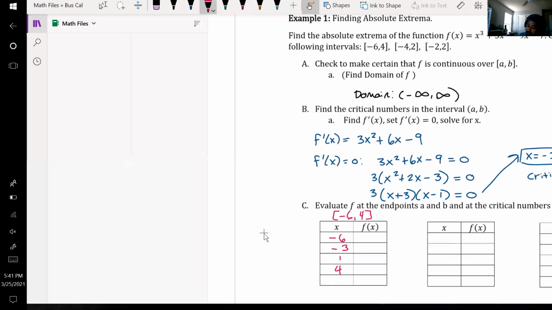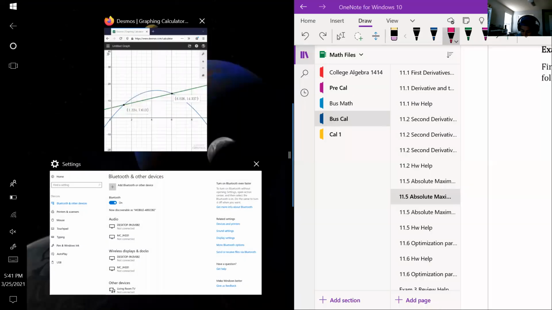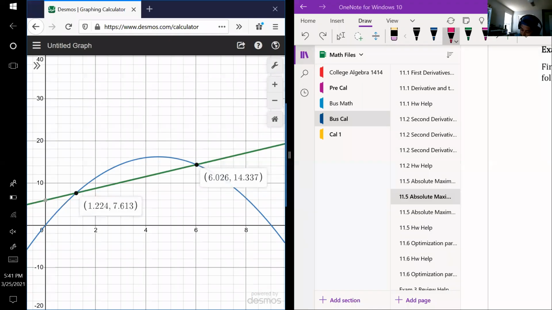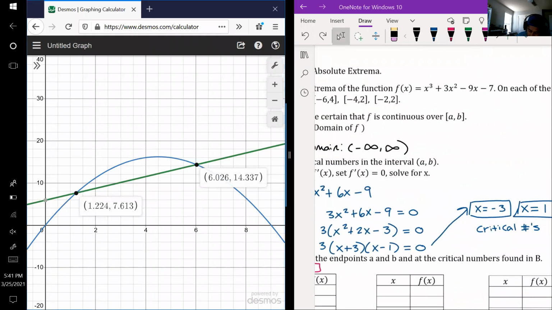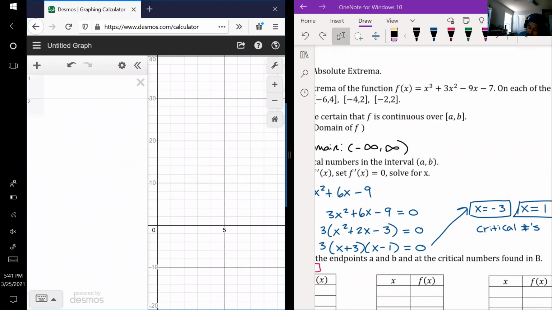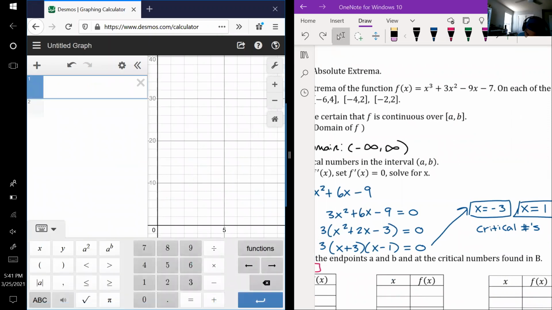So guess who's going to help out? Desmos, our best friend. Are we using the derivative, or are we using the original formula? The original formula. Okay. x cubed plus 3x squared minus 9x minus 7.